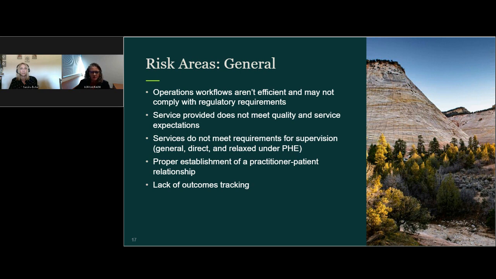Sabrina is going to talk a little bit about supervision in a couple of minutes here, but I think she had touched on the practitioner-patient relationship as she was talking about working across state lines. According to the Department of Justice, there's a lack of meaningful interaction between provider and patient.